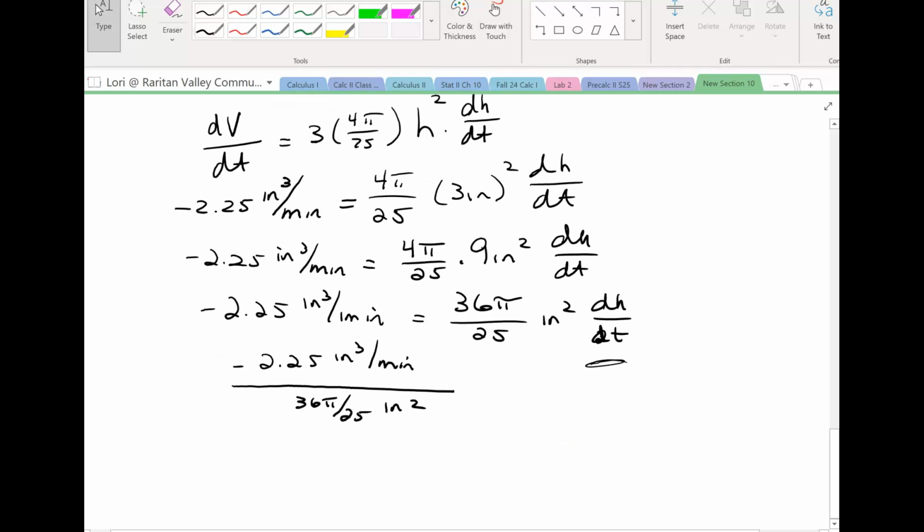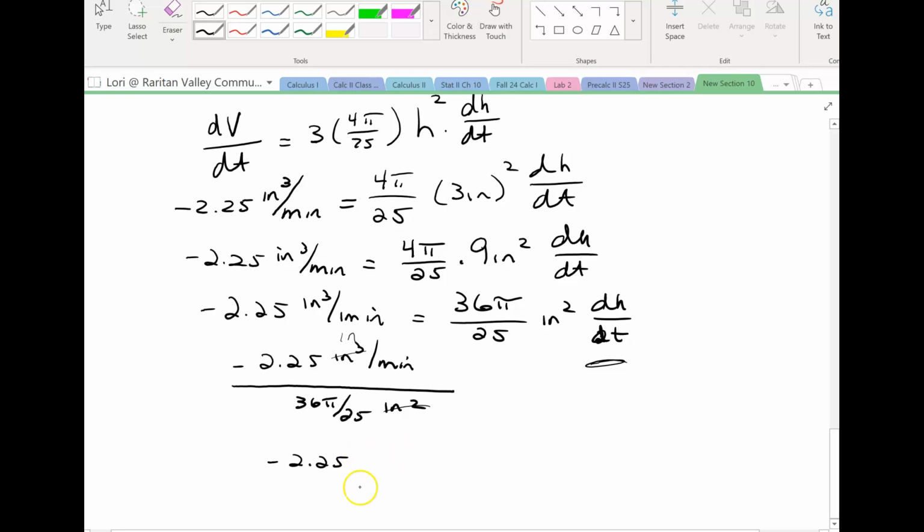You can work that out however you would like to work that out. You can flip and do the reciprocal. You can see right away the inches cubed and the inches squared will cancel, and you're just left with inches per minute as our measurement, which is perfect for dH dt. So you're going to be given negative 2.25.